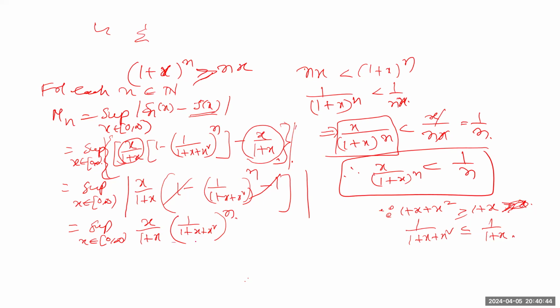So now I am replacing this by 1 over 1 plus x to the power of n. That is less than or equal to the supremum, where the supremum is taken on 0, comma infinity, of x over 1 plus x times 1 over 1 plus x to the power of n.